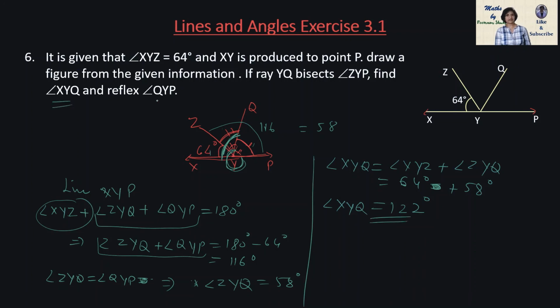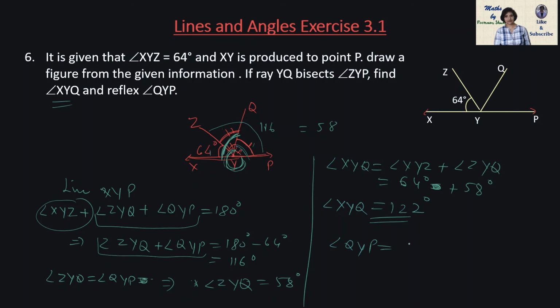Second is reflex angle QYP. To find the reflex angle, you subtract this 58 degree angle from the complete angle, 360 degrees. So we will get angle QYP.